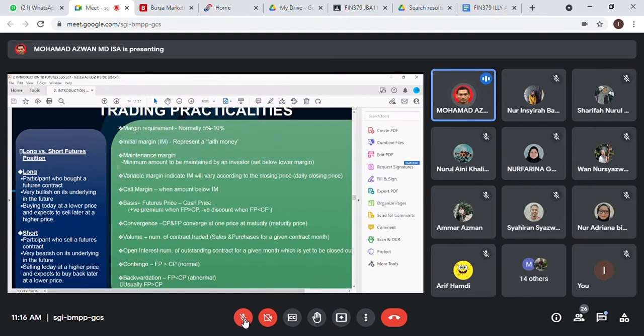Okay, and then we look at the variable margin. Variable margin is the daily basis punya trading profit and loss. Okay. Maksudnya every day, when the price up and down, okay, there will be a floating profit or loss from the price movement.